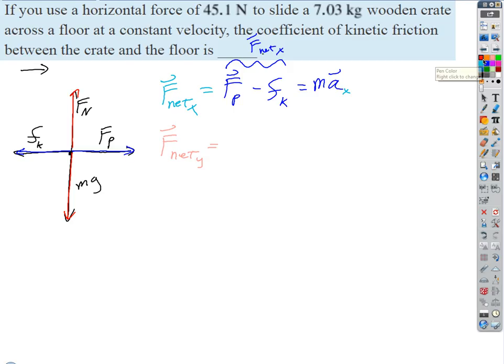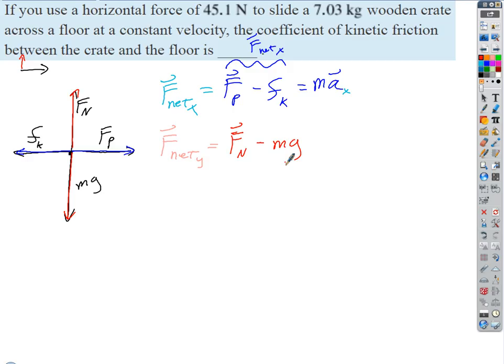What forces make up the net force? Up is positive. We might even want to let ourselves know what our convention for directions is, but we don't have to because it's just the normal one: right is positive and up is positive. So the normal force is the positive one, minus mg.